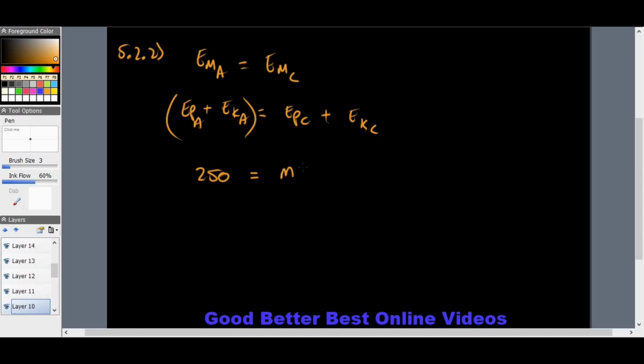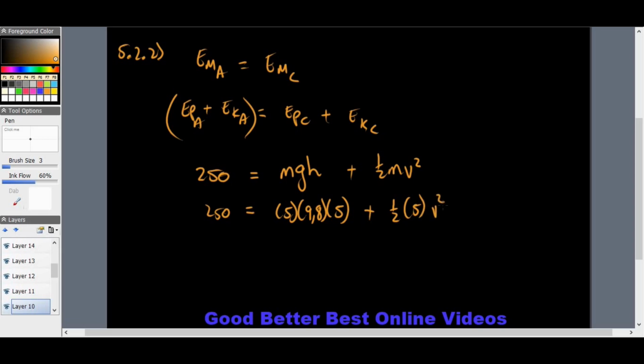these two variables, saying, well, EP is equal to mgh plus half mv squared. It really doesn't matter if you say EK plus EP, half mv squared plus mgh, it's still the same thing. And now we just substitute in. So, 250 is equal to the mass, which is 5, gravity is 9,8, and the height at point C is 5, plus half of 5 times v squared, which is unknown.